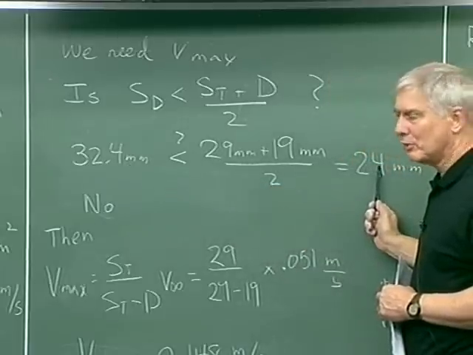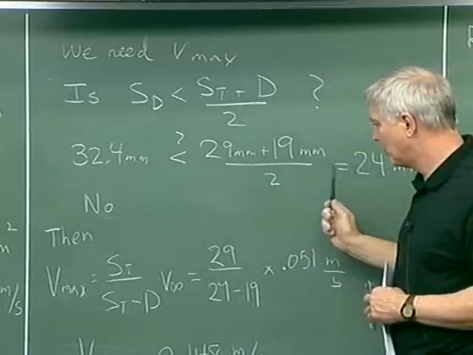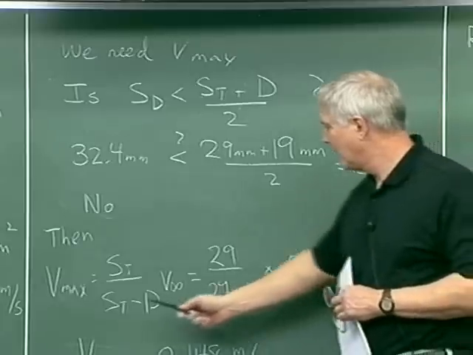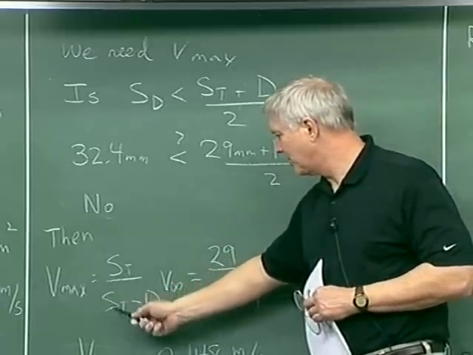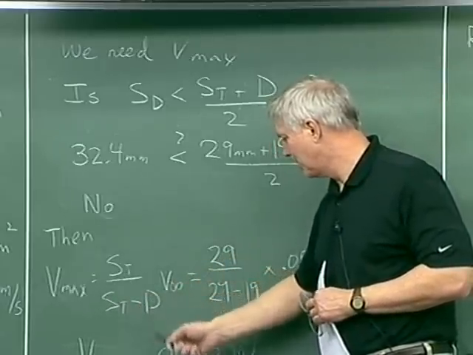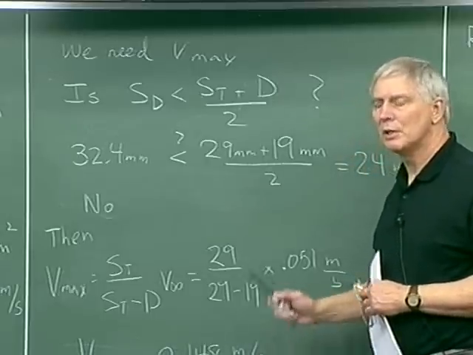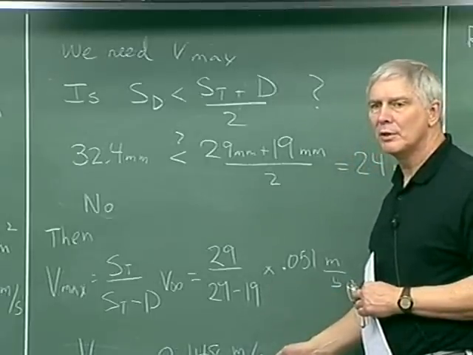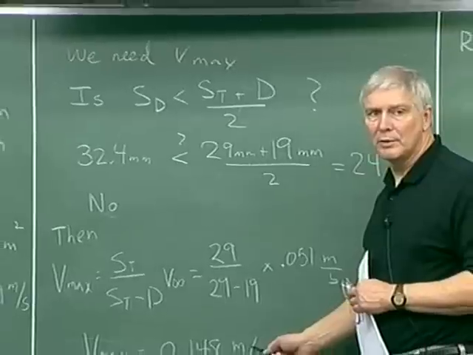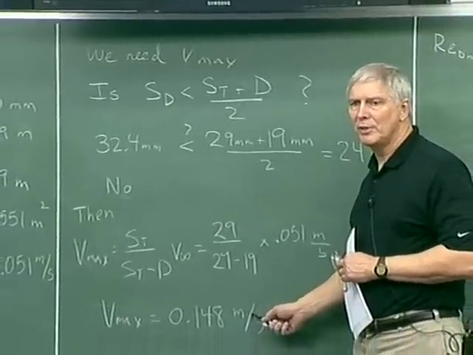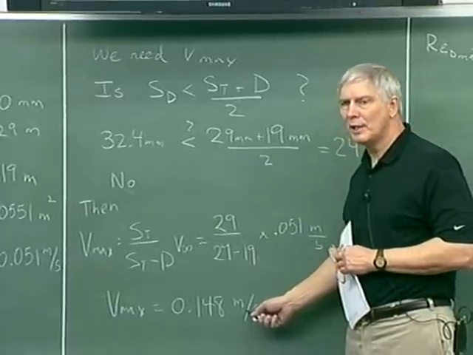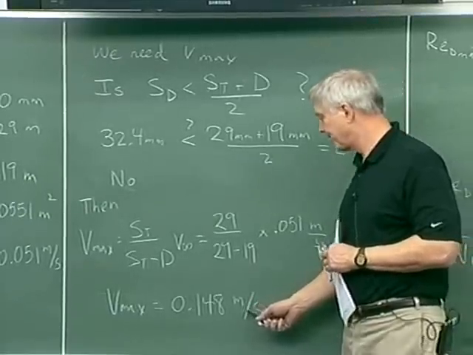Obviously the answer is no, so we choose our other alternative. Vmax equals ST over ST minus D times V infinity, and if we calculate it, Vmax is equal to 0.148 meters per second.